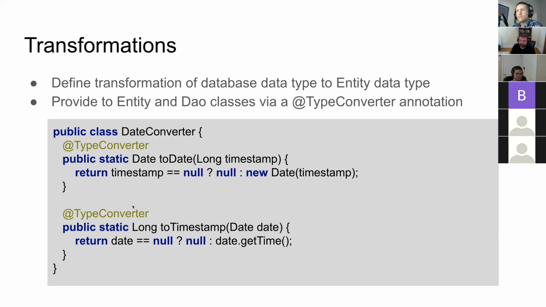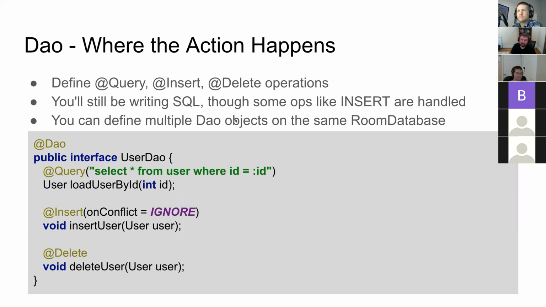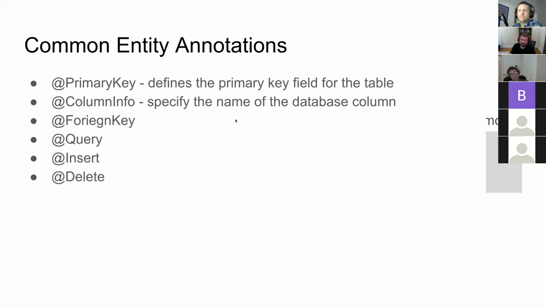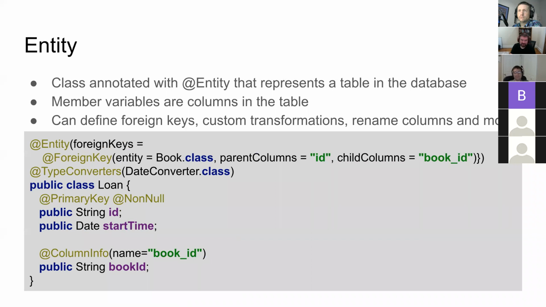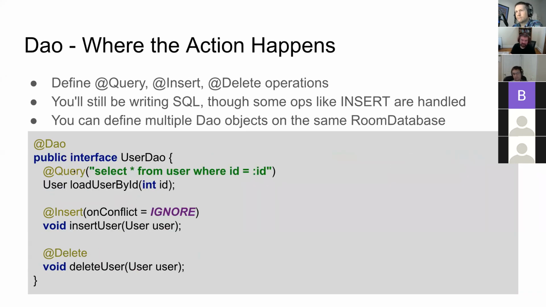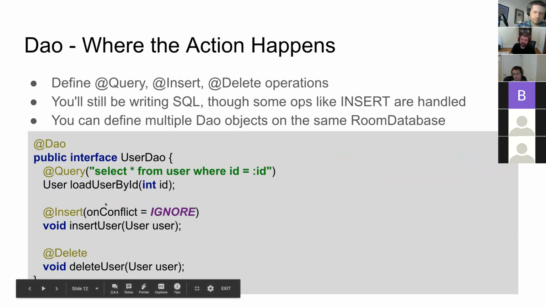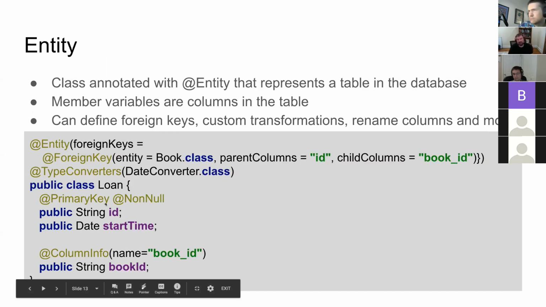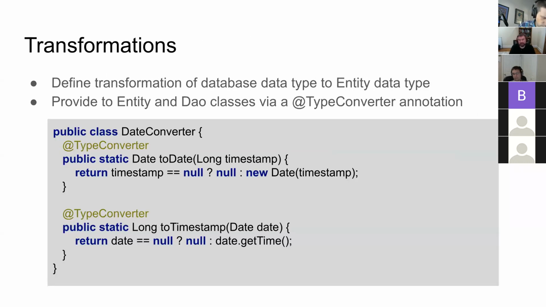Defines them as type converters, and then you go to your entity class, you annotate it with the converter so it knows how to convert the state, and then we don't have that in here in the DAO, but you'd also add it there so that it can do the conversion in queries if it needs to.